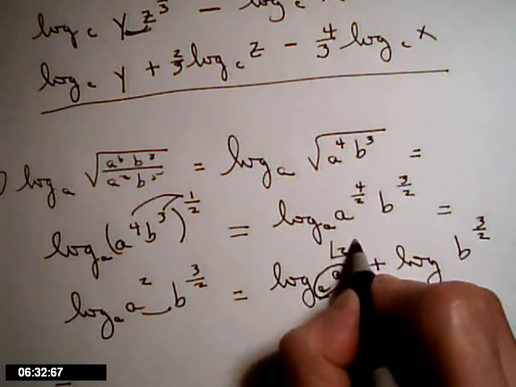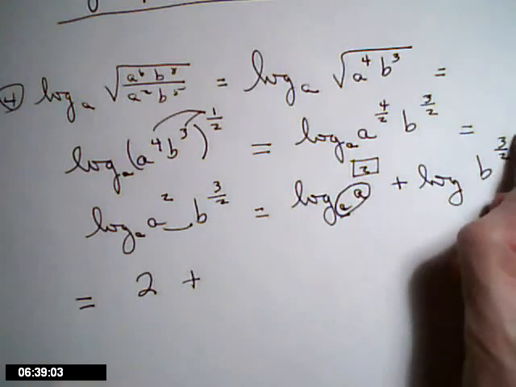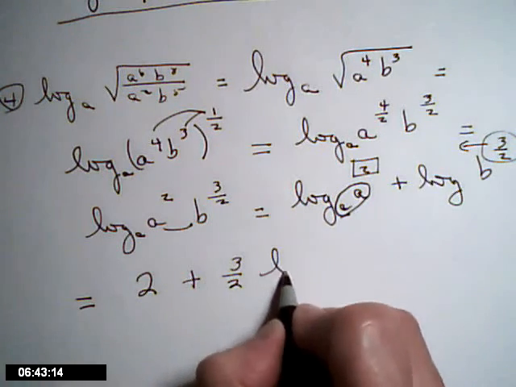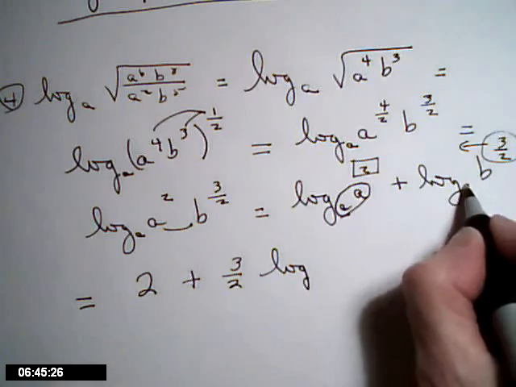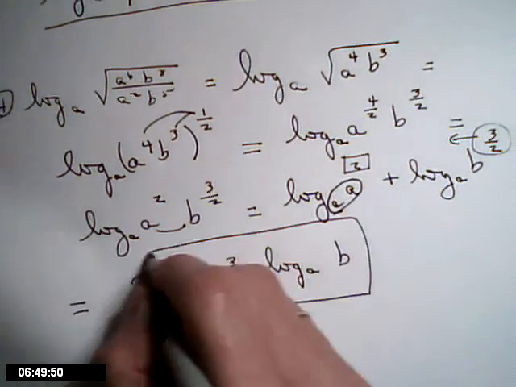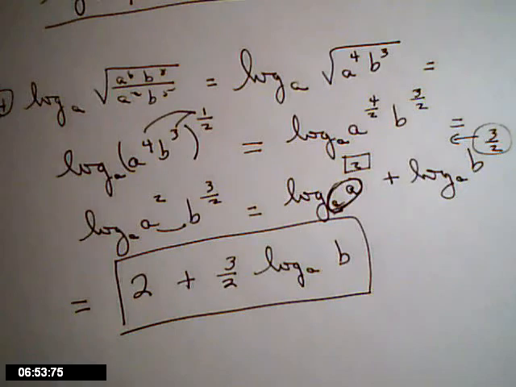That's just going to give us the 2 as a simplified result, plus bring this exponent over. That would be 3 over 2 times log base a of b. That one's simplified a little differently, and you're going to have to watch all these rules that we know are going to have to be used. And that's just a review of the previous video.